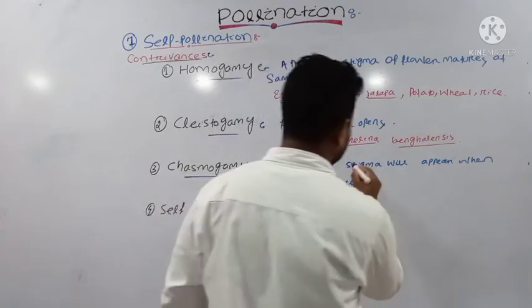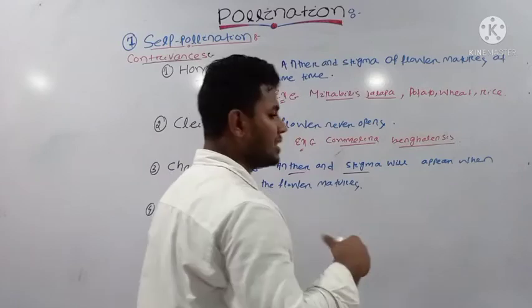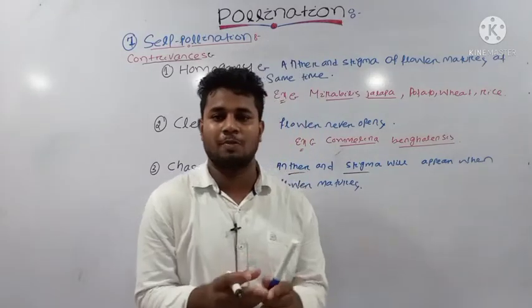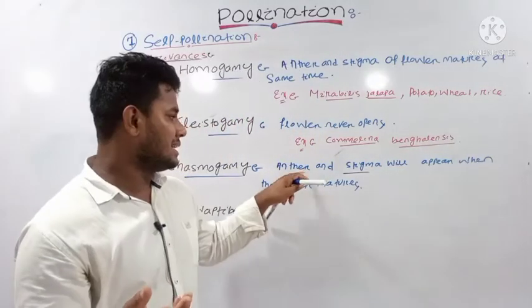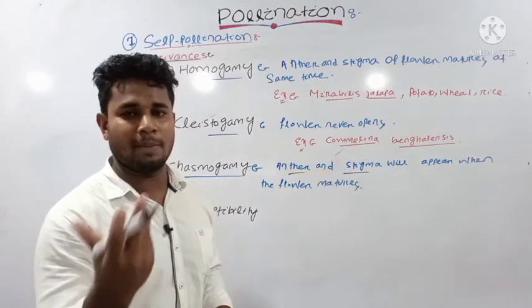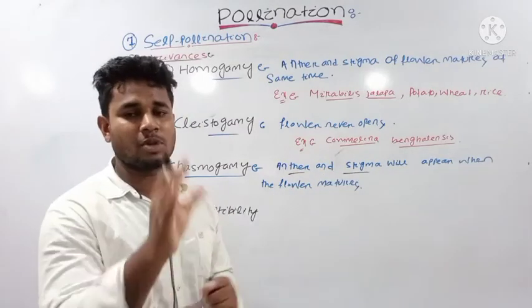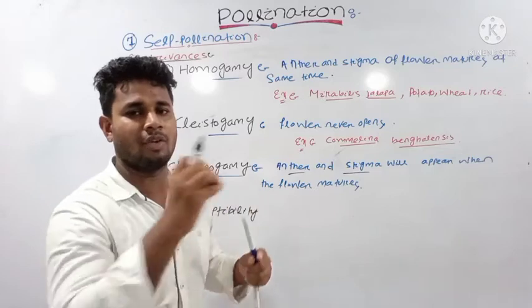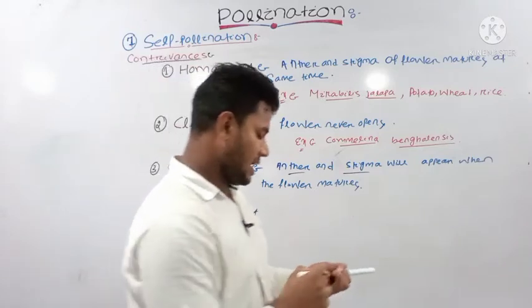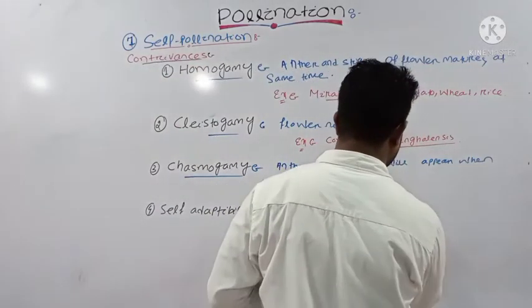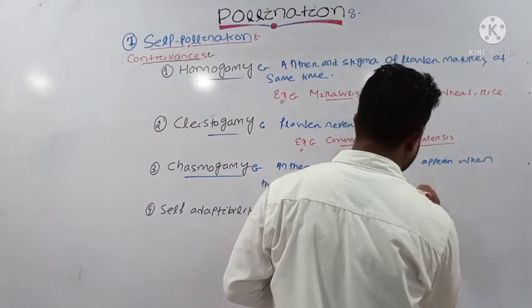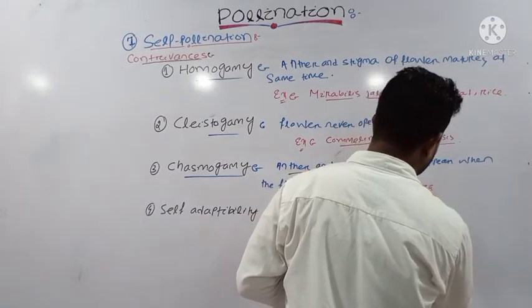After the maturation of the flower, the anther and stigma structure will appear and the pollen grain will transfer from the surface of the flower and fall on the surface of the stigma. And as an example, you can take Oryza sativa.